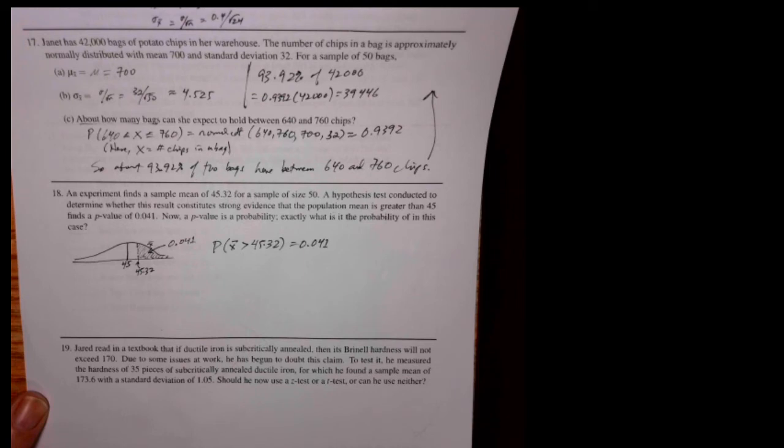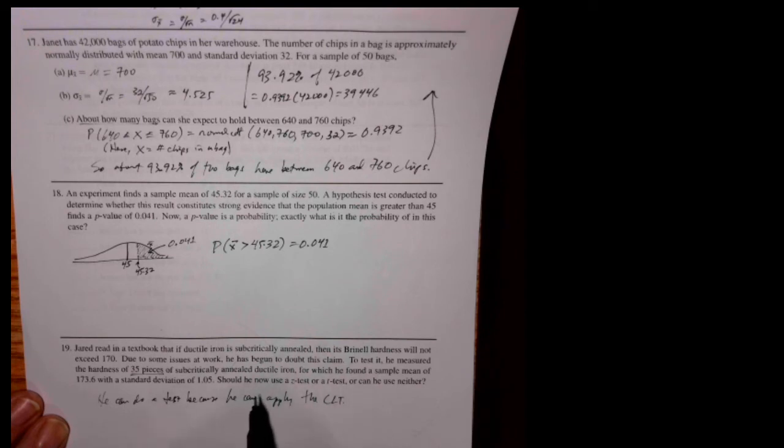Okay, so first of all, can he do any test at all? Yes, he can use the CLT. He can do a test because he can apply the CLT, because his sample size is at least 30. Which test can he do?